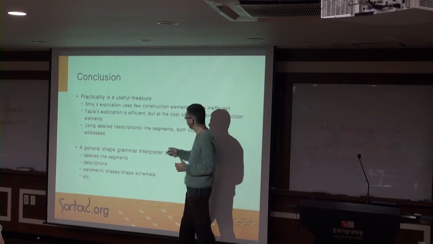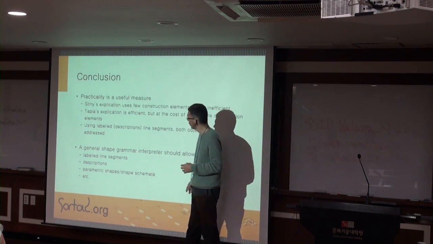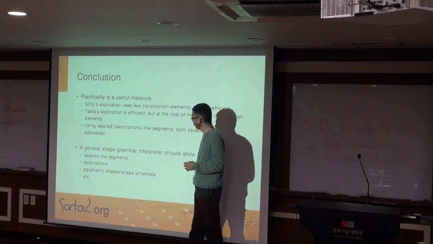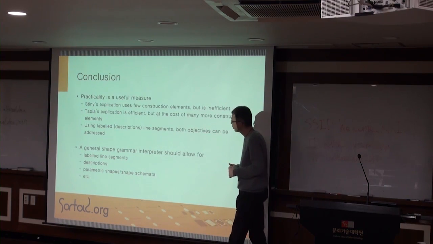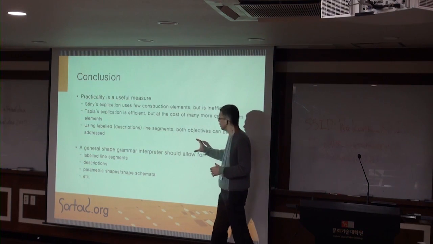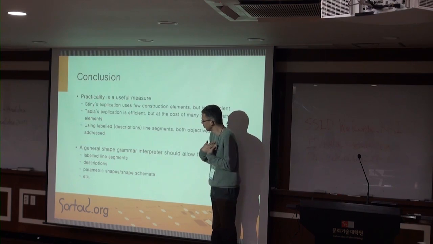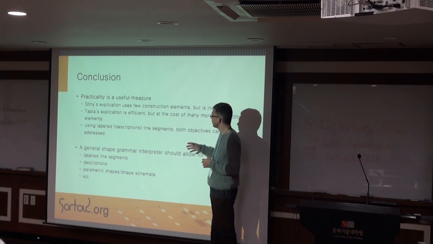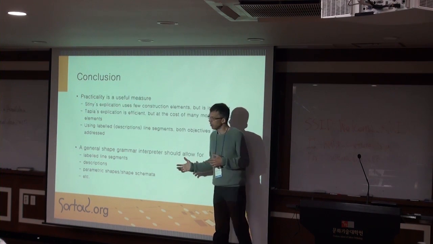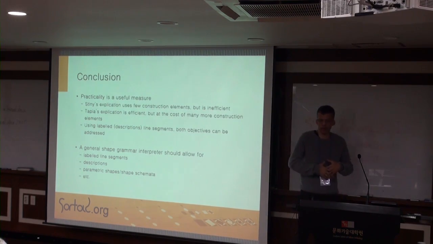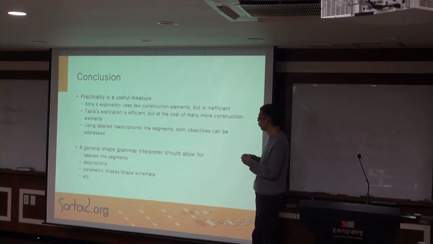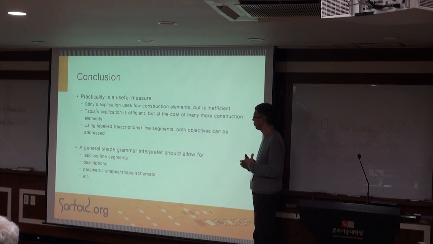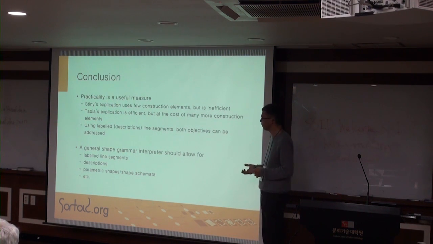So it should allow not only for labeled line segments, but also for descriptions, also for parametric shapes, or maybe shape schemata, etc. So the important conclusion for me is that this general shape grammar interpreter needs to allow for a lot of flexibility in the types of data that you incorporate, whether it's geometric or non-geometric, whether it's 2D or 3D, whether it's parametric or non-parametric.